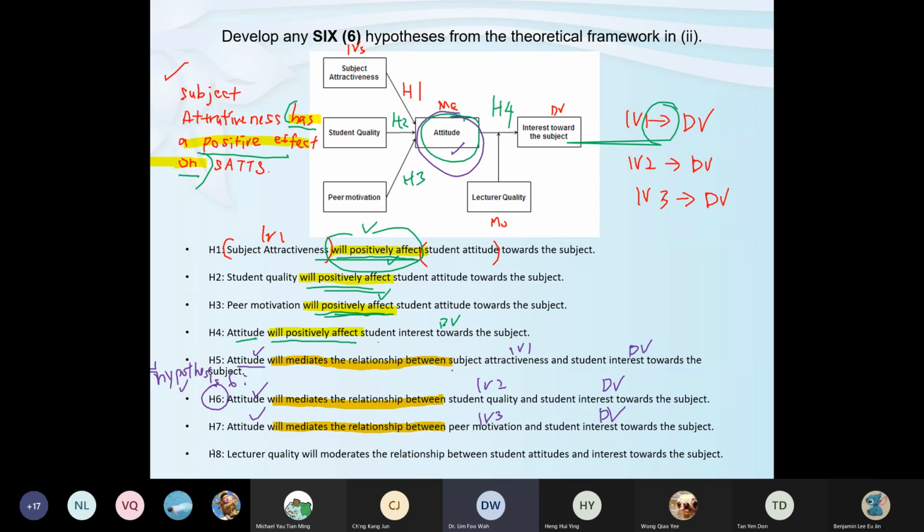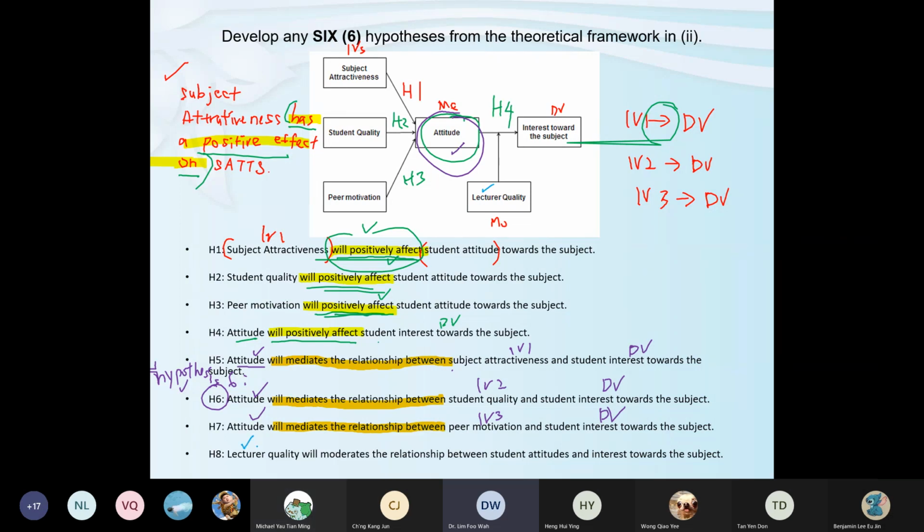Number 8, we are going to write about the moderating variable hypothesis. Lecturer quality: you still start with the moderating variable.